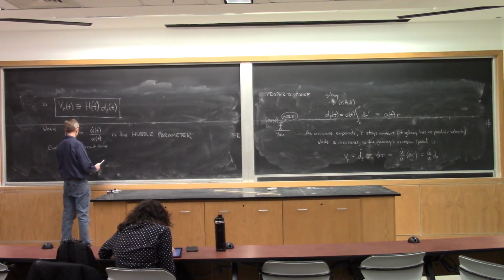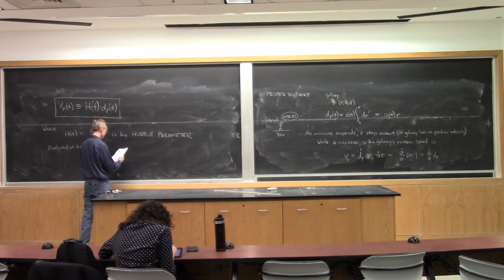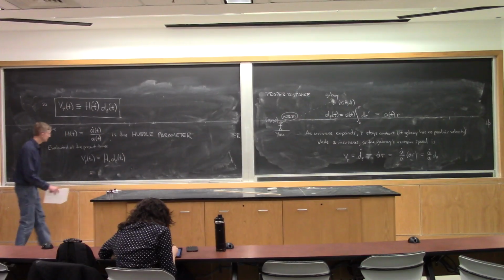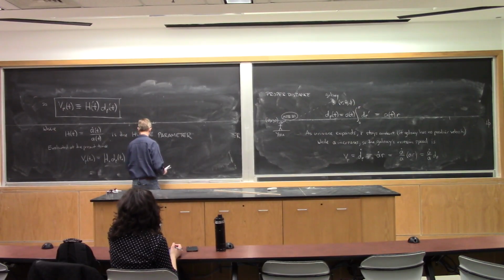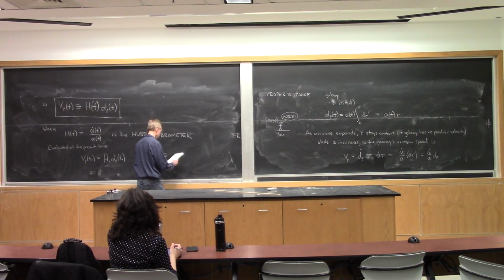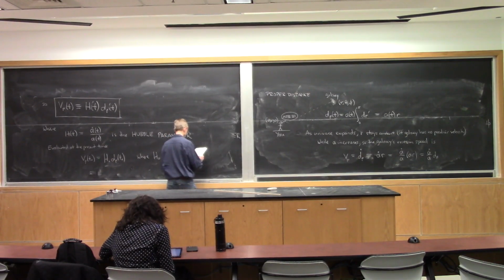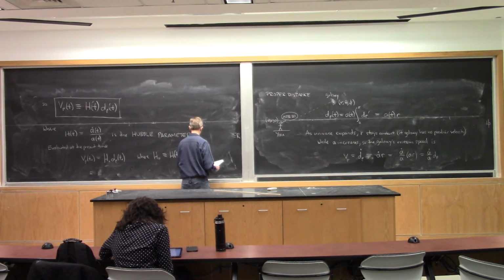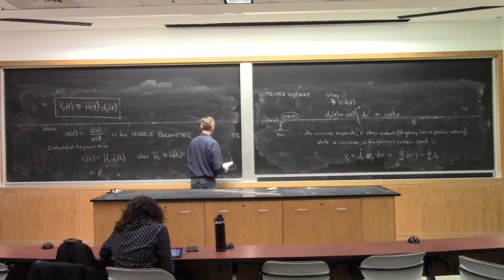We would get that Vp at time t naught is H naught times the proper distance now, where H naught, which by definition is H evaluated at time t naught, is equal to A dot over A evaluated at time t equals t naught.